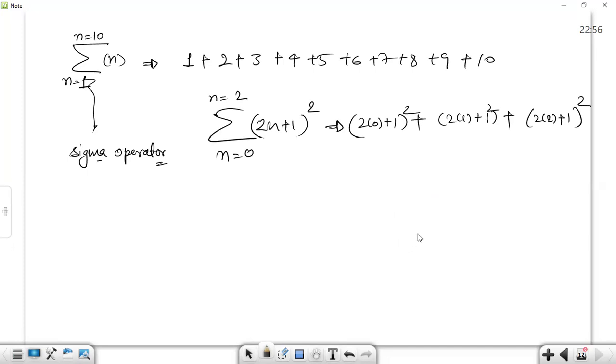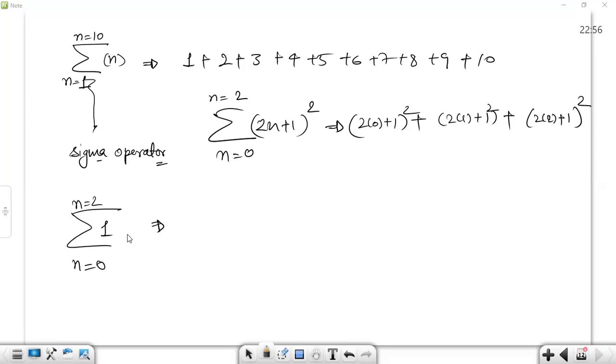No doubts? No, sir. So if I write a constant function here, instead of n, if I write 1, and n is from 0 to 2. What has happened? Am I audible? Yes, sir. Okay.